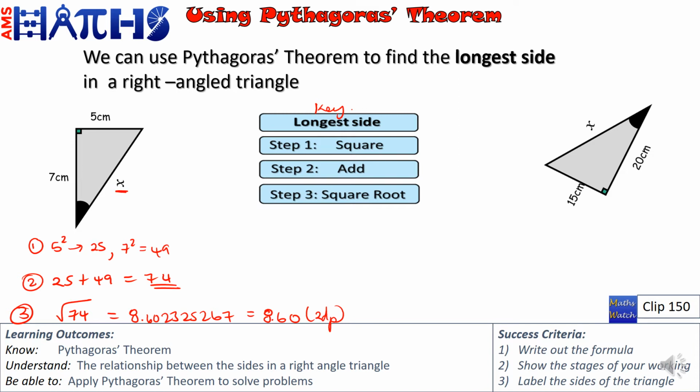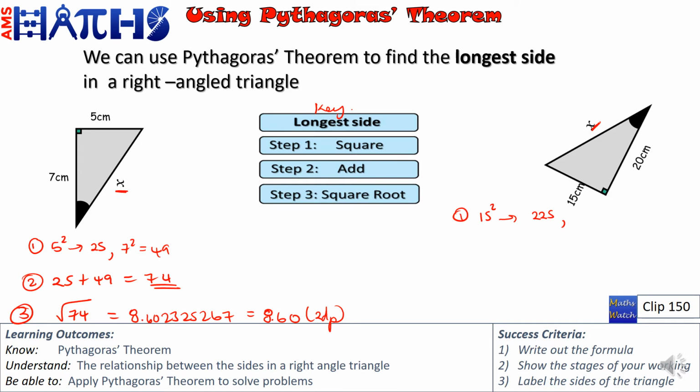Let's look at the next problem. Again, we need to find out what x is, and we can see clearly that it is our hypotenuse, or longest side. So we're going to follow our steps. First, we square the sides that we know. So 15 squared is equal to 225.